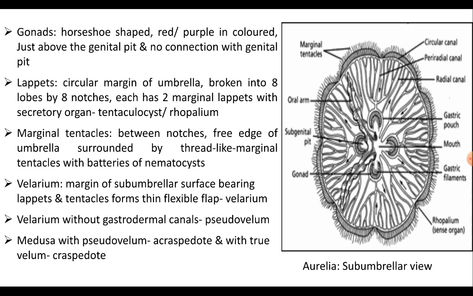It differs from the true velum of Obelia, in which the gastrodermal canals run into it. Such a medusa with a pseudovelum, as noticed in Aurelia, is called an acraspedote medusa, while a medusa with a true velum, as observed in Obelia, is called a craspedote medusa.